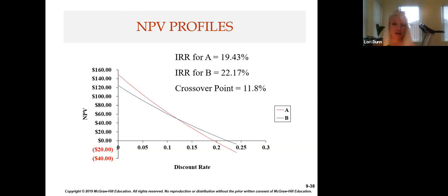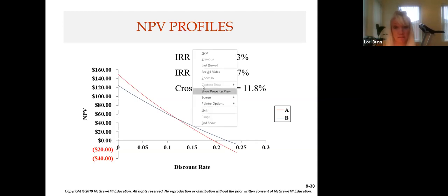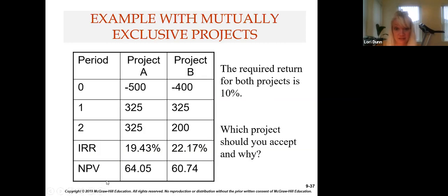So this is what I mean when I say you've got to dig into these a little deeper when you have mutually exclusive projects. You're really selecting the project that's going to give you the most value, because sometimes based on calculations, they may conflict.